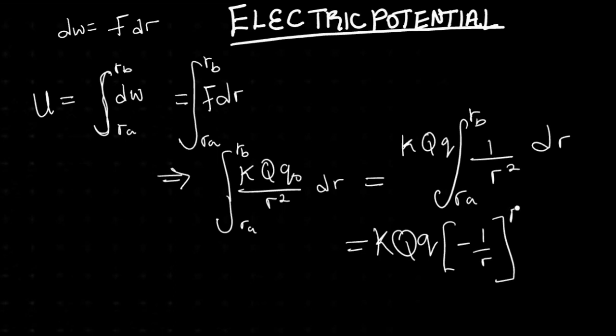Our limit is r_B, r_A. So using our upper and lower limit, this becomes kQ in the brackets of minus, right, 1 over r_B minus 1 over r_A.